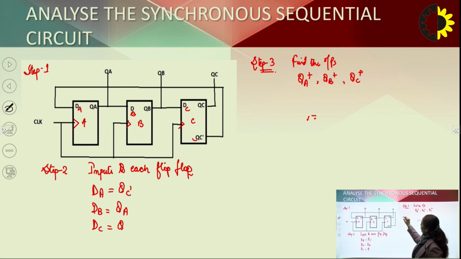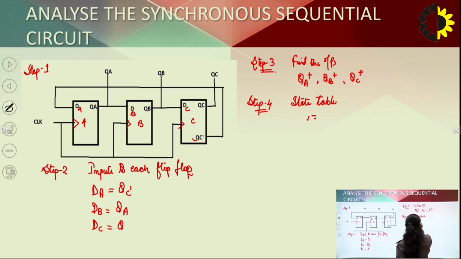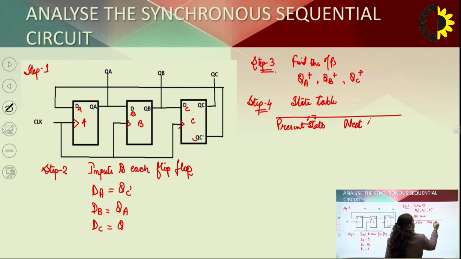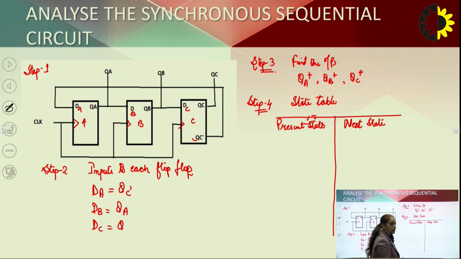So step 4, we have to draw the state table. In the state table, we have the present state and next state, right?